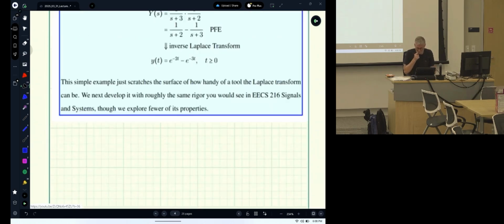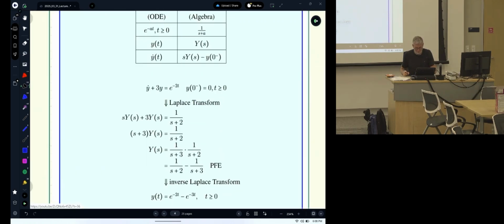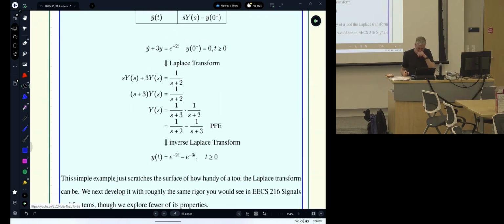So we've got this magical thing called the Laplace transform, which allows us to handle terms like this. Here we had the initial condition be 0, so this is just s times capital Y of s.